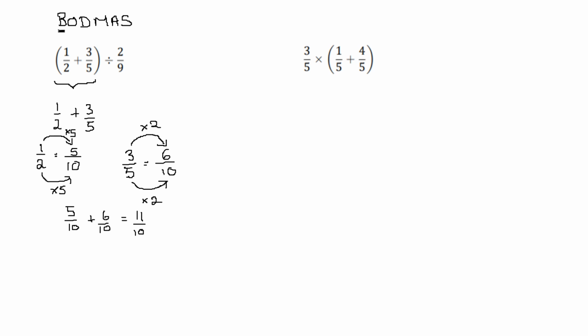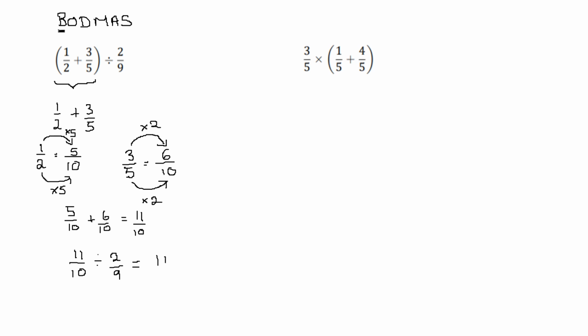Now this is an improper fraction, but I'm not going to simplify my answer until I get to the end. I've now worked out a half plus 3/5, so I'm left with this 11/10, and I need to divide that by 2/9.